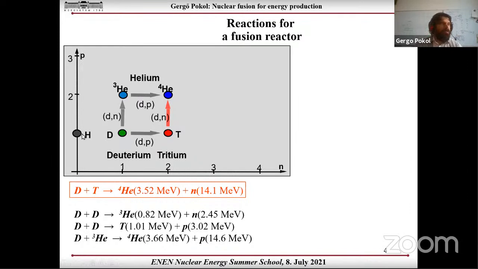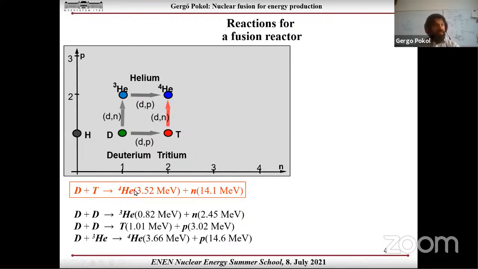Okay, and so we ruled out hydrogen-1, but still we have 3 different isotopes here. We have deuterium, tritium, and helium-3. And all of these have very nice fusion reactions. Actually, there are 2 that produce helium-4 as an end product, and these are the reactions which produce most of the energy.